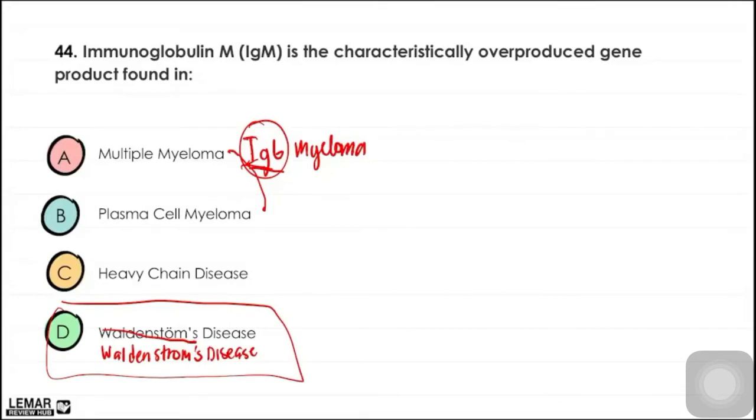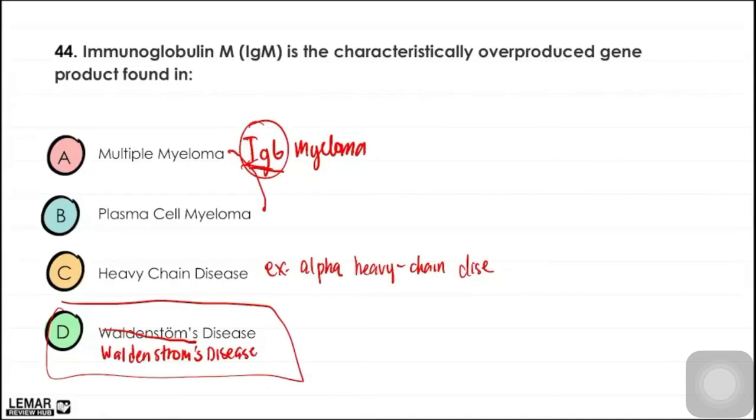Heavy chain disease is characterized by the presence of monoclonal proteins composed of the heavy chain portion of the immunoglobulin molecule. We have the alpha heavy chain disease as the most common of the heavy chain gammopathies.